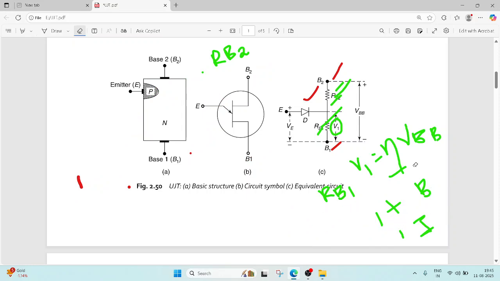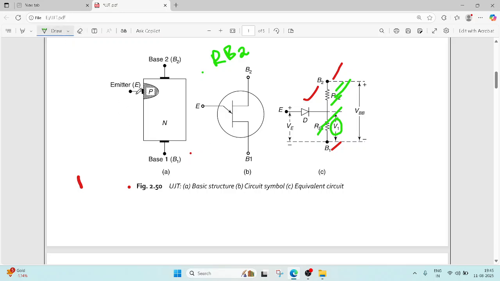Now, operation. Now listen. Initially, this B2 is connected to positive, B1 is connected to negative.